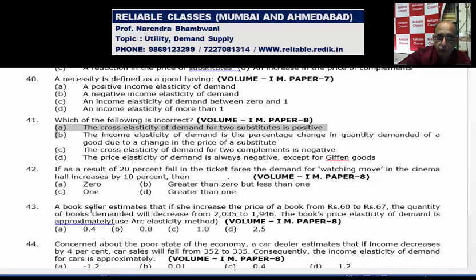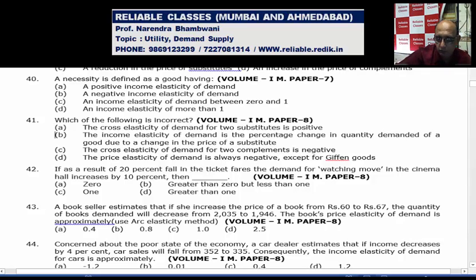When demand of X falls, the demand for Y will rise because they are substitutes. So there is a positive relation between demand of a product and the price of its substitutes, which is called cross elasticity. Cross elasticity is positive.